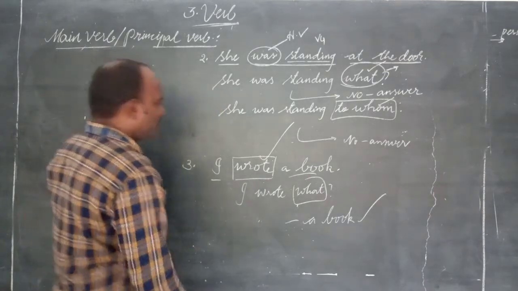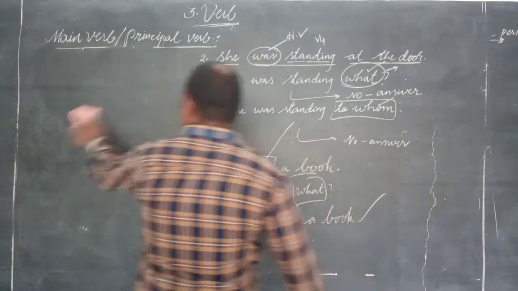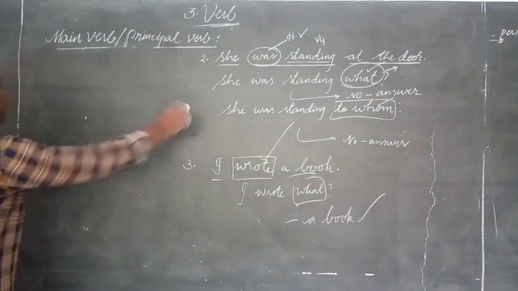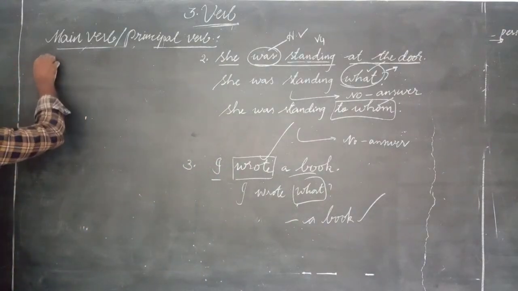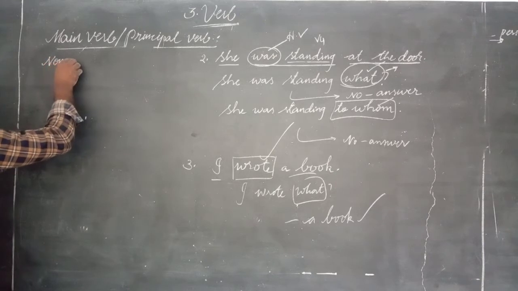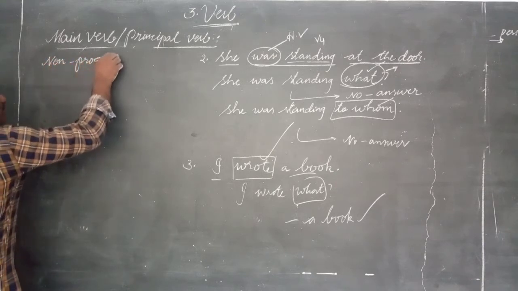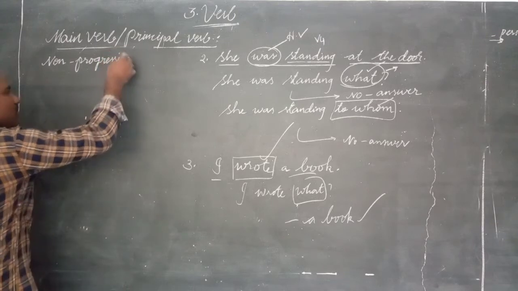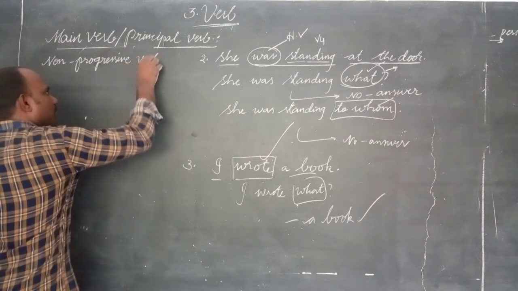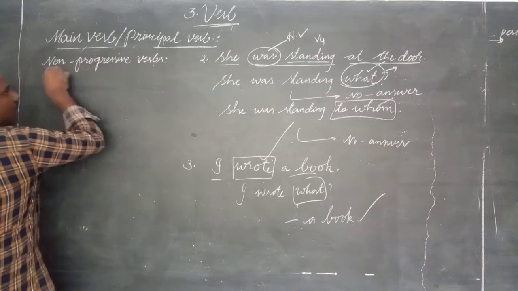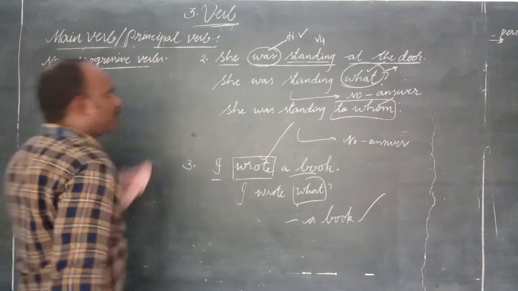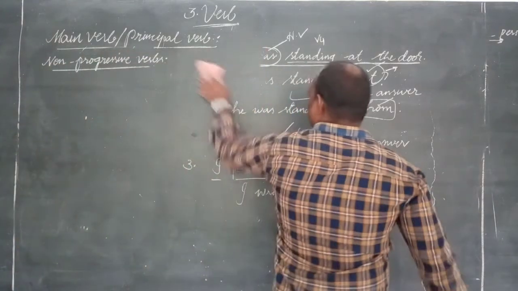Next, we will see the next category: progressive verbs and non-progressive verbs.